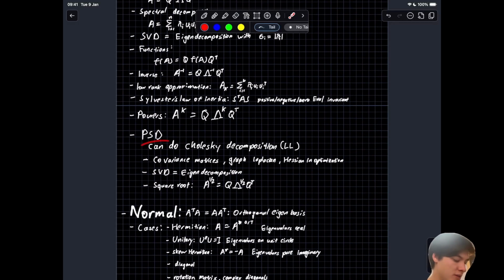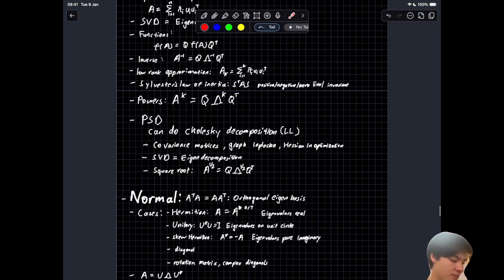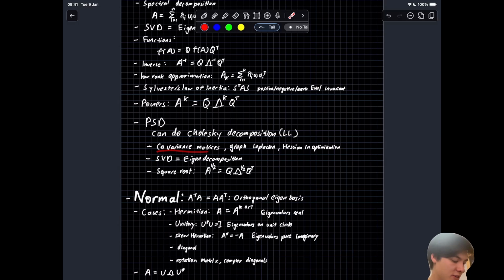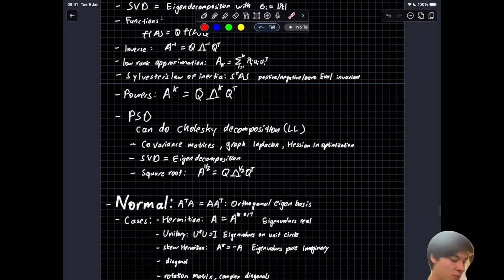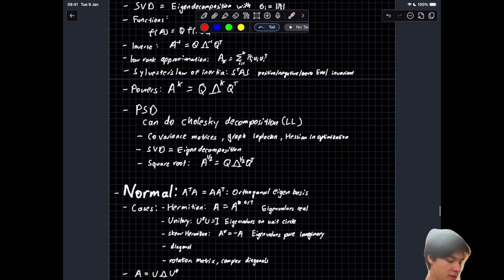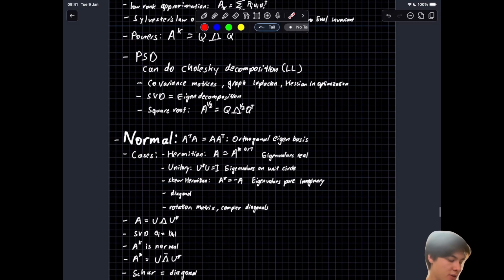And if it's positive semi-definite, we can do Cholesky decomposition. Covariance matrices are an example of this. Graph Laplacians, Hessians in optimization, we also look for that. And in this case, the singular value decomposition gives us the eigendecomposition. And square roots are easy to calculate.